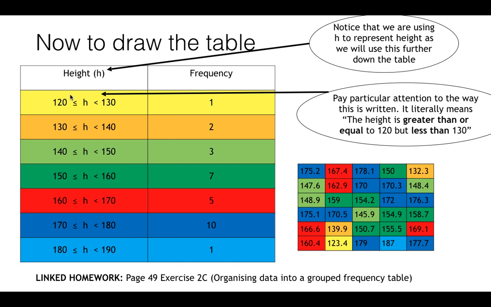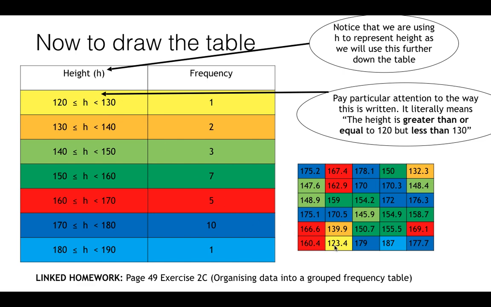And then pay attention to how this part here is written. We have this less than or equal to, and then greater than or equal to, and then less than here. So what we're saying here is that the height of people in this group is greater than or equal to 120 centimetres and less than 130. So we would not include people who have a height of 130 in this group.